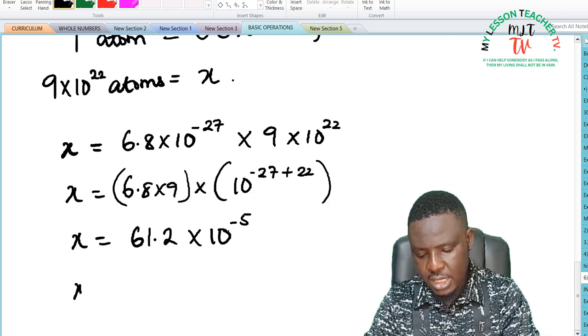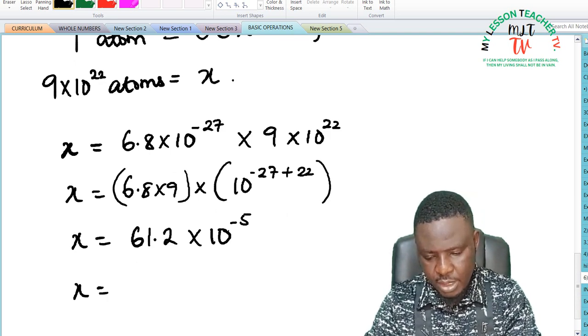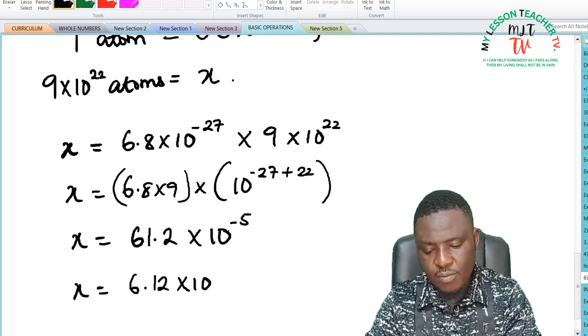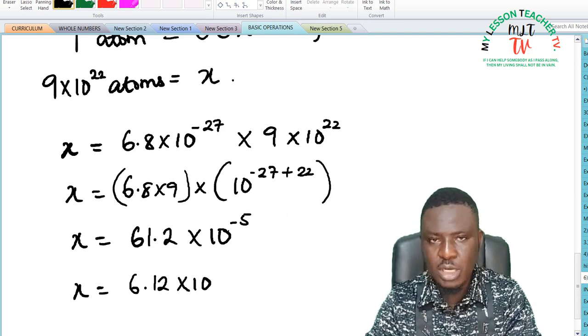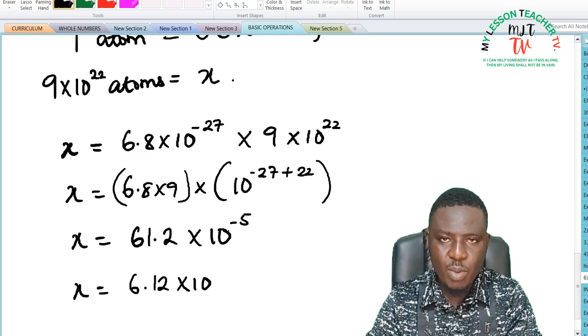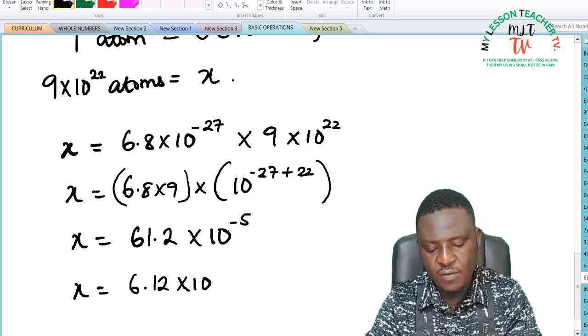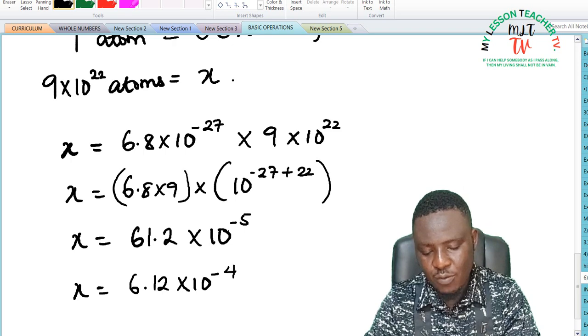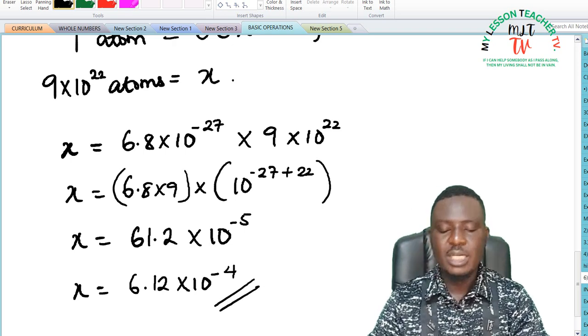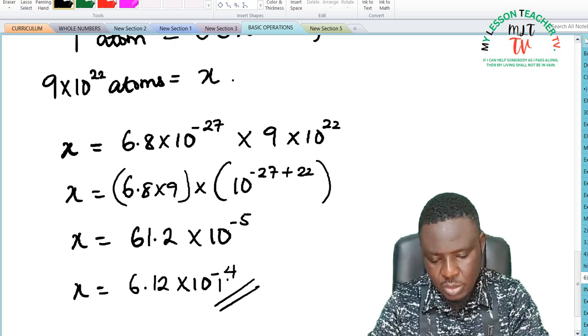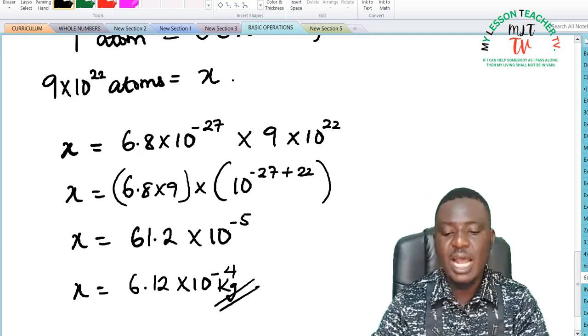So that x now will be equal to, in standard form, 6.12 times 10 raised to the power of, because we have moved the decimal point one step to the left, we are going to increase the power by 1. So add 1 to minus 5, it gives you minus 4. So the total mass, this is going to be in kg because we are looking at the total mass.